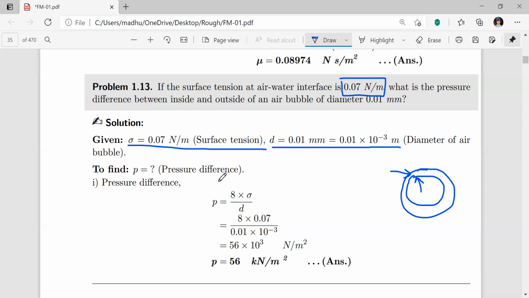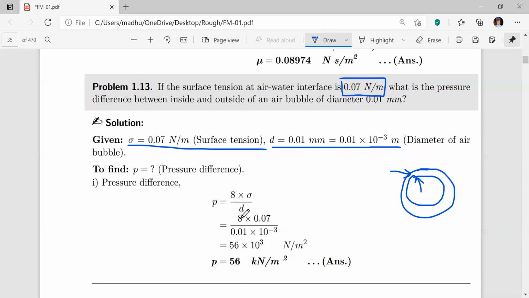Now I have to calculate the pressure difference. We have already studied and derived the equation: pressure is equal to 8 sigma by D for the hollow bubble. That is the equation we derived while studying the surface tension of a hollow bubble. P is equal to 8 sigma by D. Now P is unknown, we have to find it.